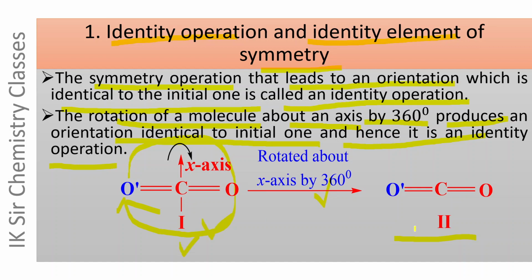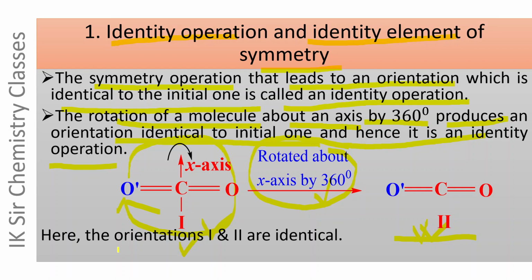Orientations 1 and 2 are identical and therefore the rotation of CO2 molecule about x-axis by 360 degrees is an identity operation. In fact, the rotation of any molecule about any axis by 360 degrees is an identity operation.